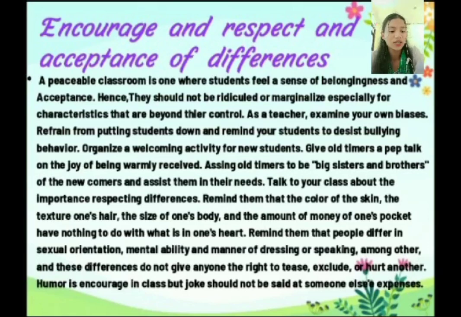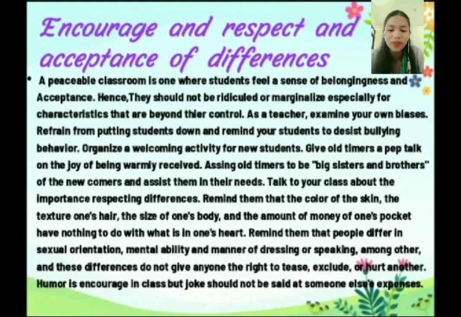As teachers or as future teachers, what we should do first and foremost is to examine our own biases. In this part, kailangan natin hanapin sa ating sarili na walang pinapaboran sa loob ng classroom. Remind them that the color of the skin, the texture of one's hair, the size of one's body, and the amount of money in one's pocket have nothing to do with what is in one's heart.